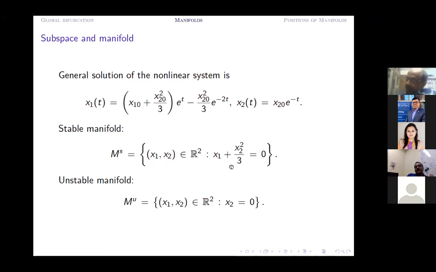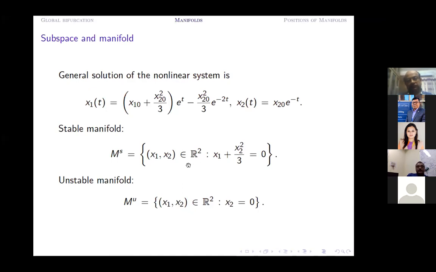That means x1 plus x2 square by 3 is equal to 0. So this is a very fantastic result. It means if you choose an initial point on this particular curve, then the solution trajectory will remain on this curve, or rather within this particular set, at all times. That's why it is called an invariant set.